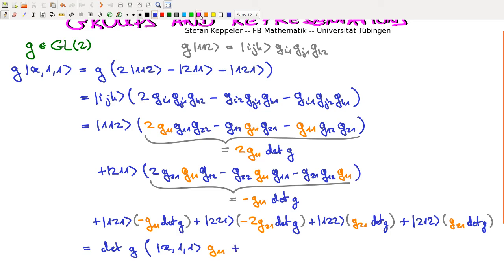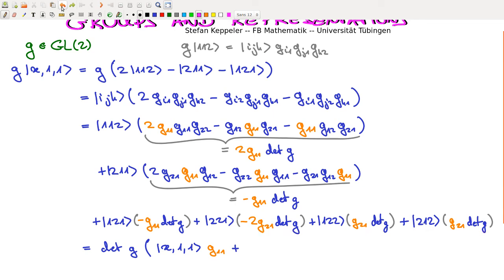And the same is true for the remaining 3 terms. They give the other vector, which we haven't written down here, the kappa 2,1, the other element of this invariant subspace we're just considering right now.